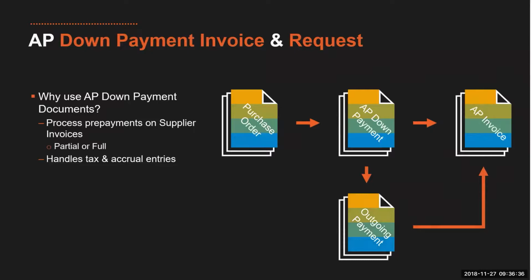The next set of documents we'll discuss is the AP down payment invoice and request. This is where you have a situation with your supplier where they will expect payment prior to dispatching the goods, or a deposit or a prepayment on that consignment, or that request for goods, before they'll manufacture it or dispatch it from their warehouse.